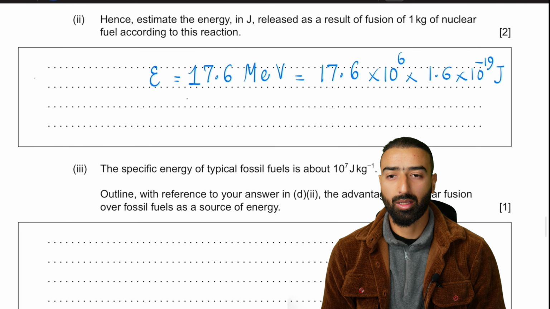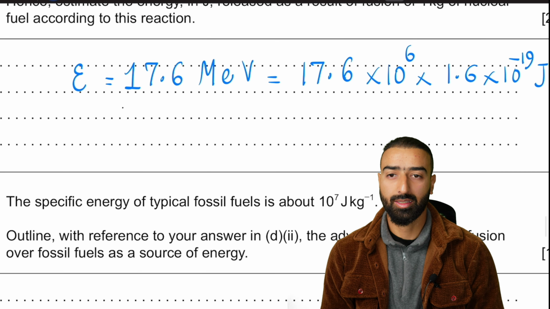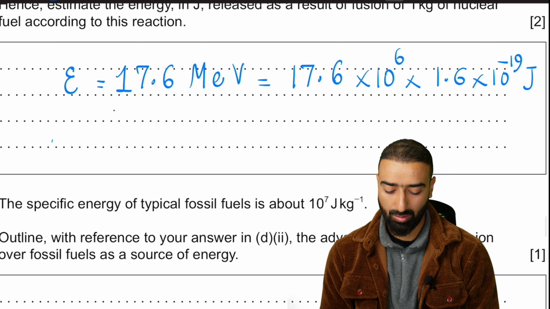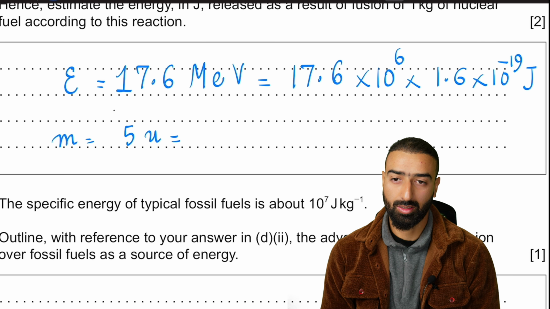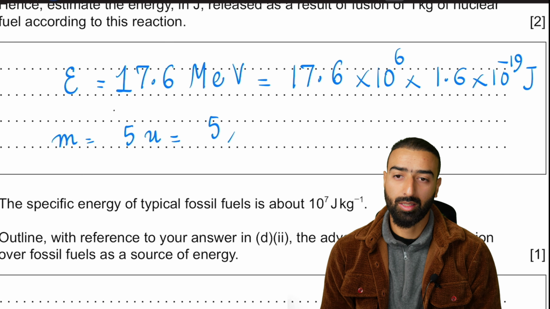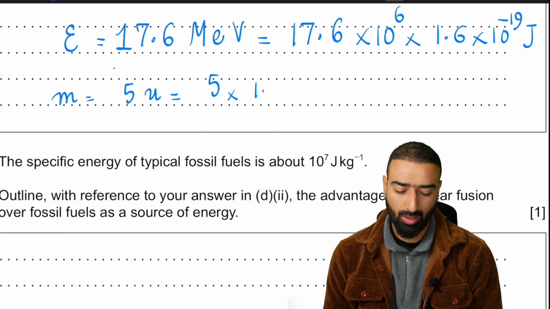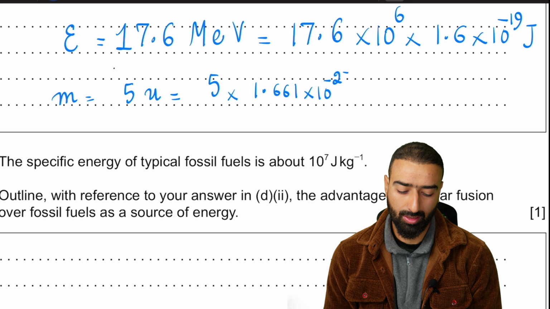So the mass that goes into creating 17.6 mega electron volts is 5 atomic mass units. And 1 atomic mass unit is 1.661 into 10 to the minus 27 kilograms.